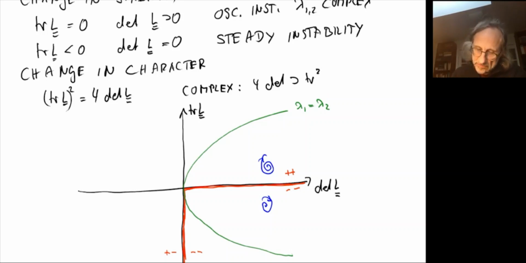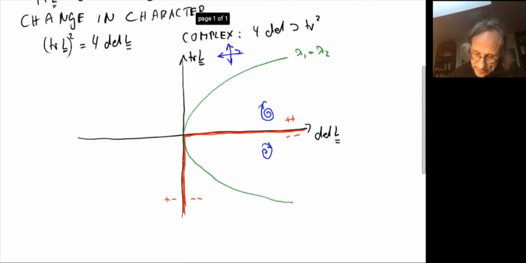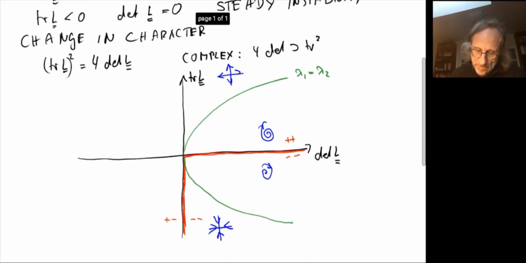When we are then above here, we still have 2 positive eigenvalues, but now they're both real. And so we have an unstable node. Whereas here we have a stable node. And along the y-axis, the stable node turns into a saddle because one of the eigenvalues goes from negative to positive.